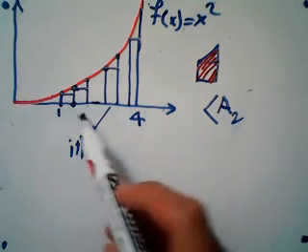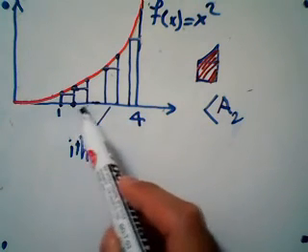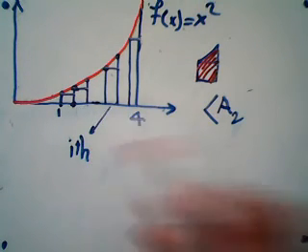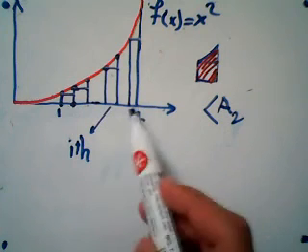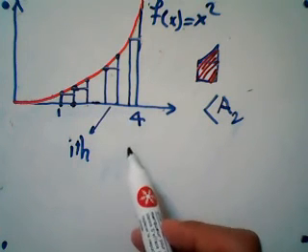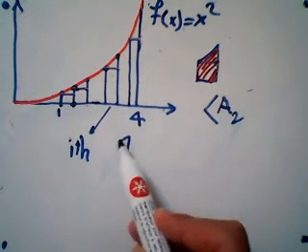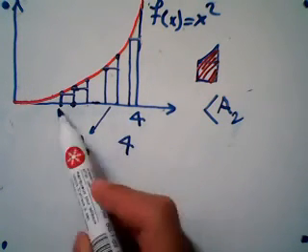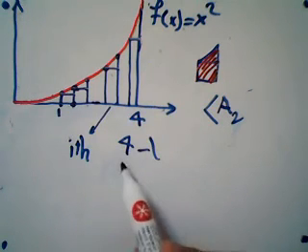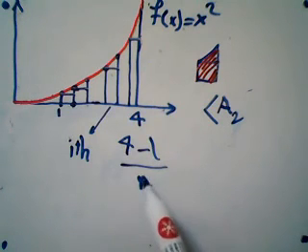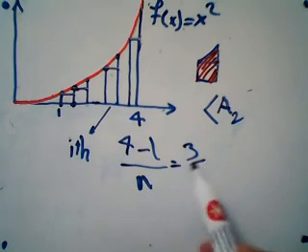So what is the length of the second subinterval? The subintervals are equal, so the length of each would be the length of the interval, which is 4 minus 1 over n, because we got n of them. So that would be 3 over n.